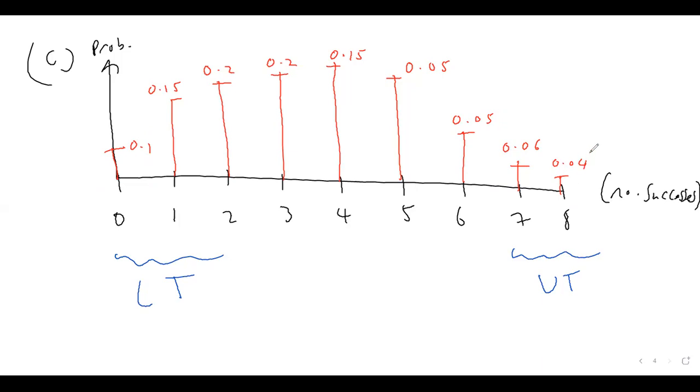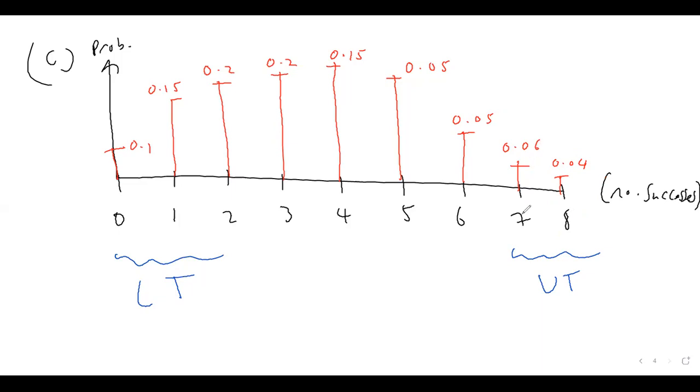You've got a 4% chance of getting 8 successes, haven't you? So if you're doing a 5% significance level one-tailed test on the upper side of the distribution, we know that 8 would be in the critical region because 4% is less than 5%. But would 7 be in our critical region?